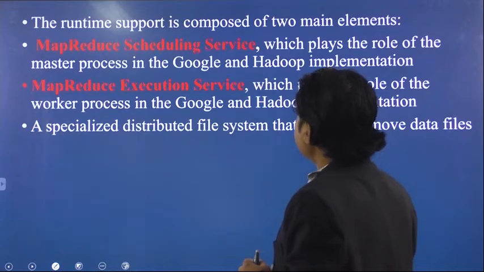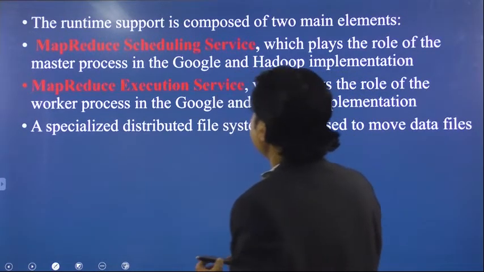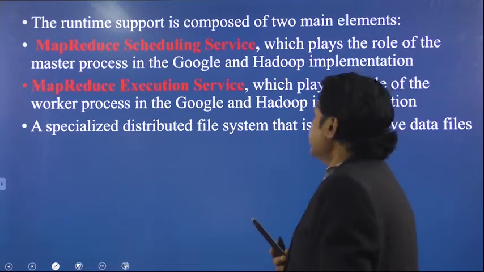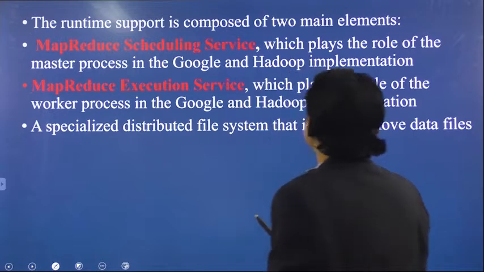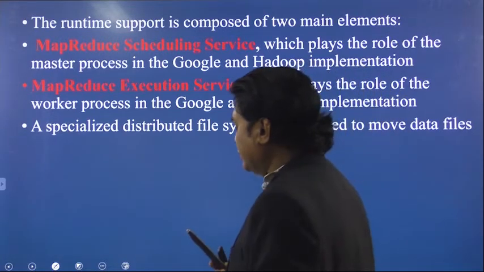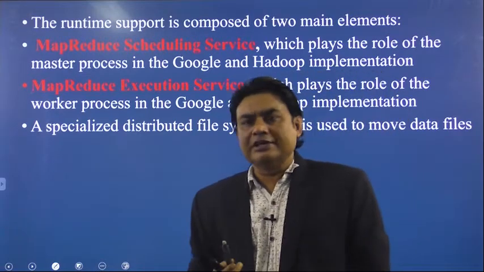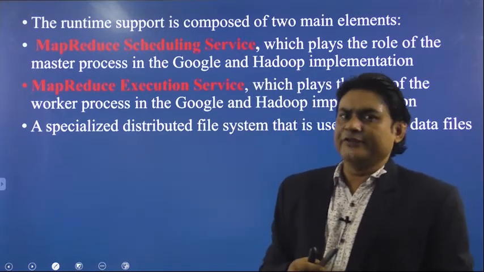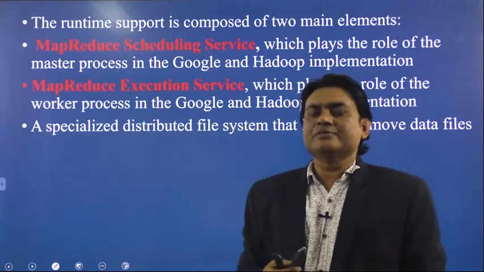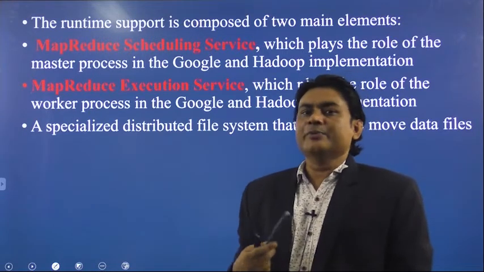Now, this runtime support is composed of two main elements. The first element is called the MapReduce scheduling service, which plays the role of the master process in the Google and Hadoop implementations. All of us know that before the Hadoop distributed file system, we had GFS. What is GFS? Google File System. So Google gave the reference model for MapReduce, and then Hadoop came into existence.